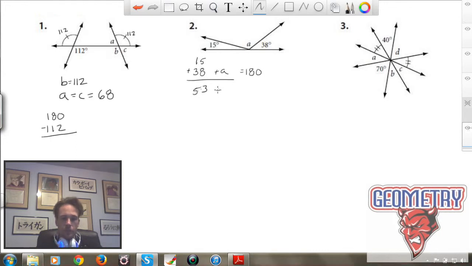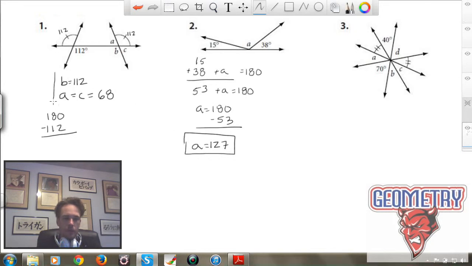So it's 53 plus A equals 180. To get A by itself, we're going to subtract 53 to the other side. So therefore A equals 127. Put a box around these two while we're at it.